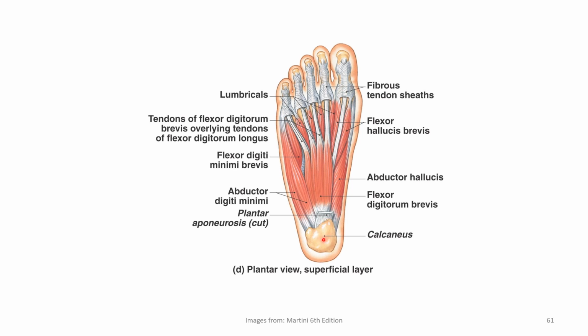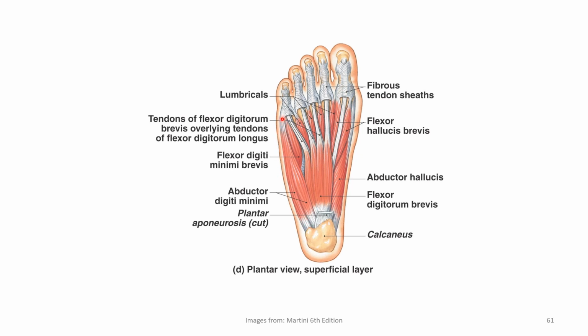Attaching here from the calcaneus all the way up to the big toe is the abductor hallucis, and from the calcaneus to the digit 5 is the abductor digiti minimi.